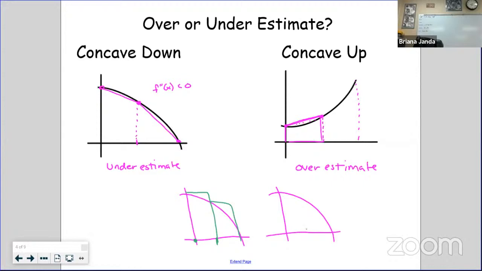Compared to, again, if I just do two rectangles here and I do an RRAM, actually that would be right there, we get an underestimate. So give yourself a generic picture to look at what type you are using, trapezoids, LRAM, RRAM, to see and consider the concavity of your function at that time. Questions?